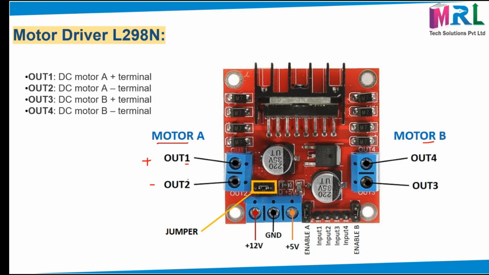Then you have a third blue portion on the L298N. In that, the first one is plus 12 volt and the second one is plus 5 volt.